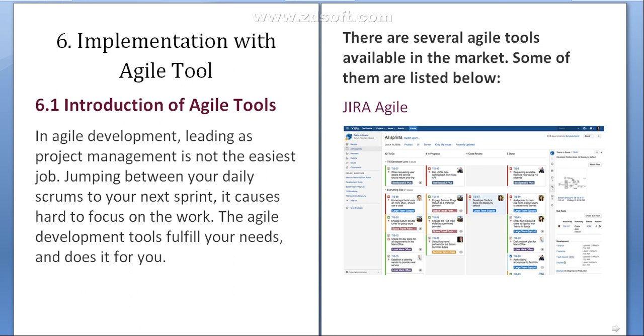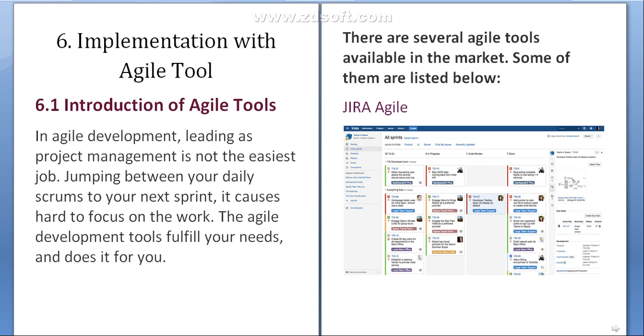So, the last topic, that is the last chapter, is the introduction of agile tools. We have just the introduction part of these agile tools. So, implementation with agile tools. In that we have to see the different tools which are available for managing the software.